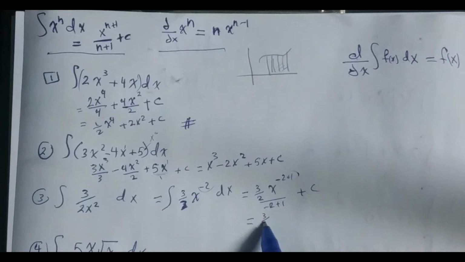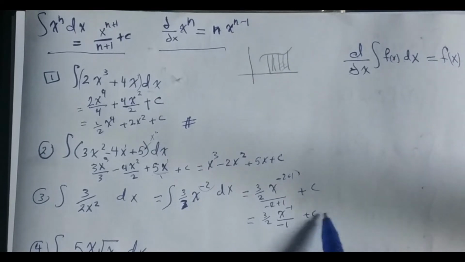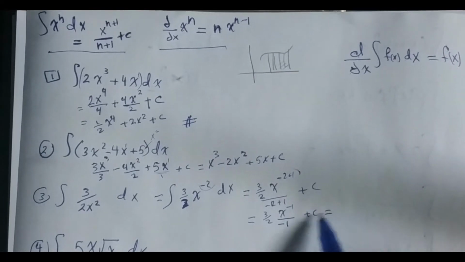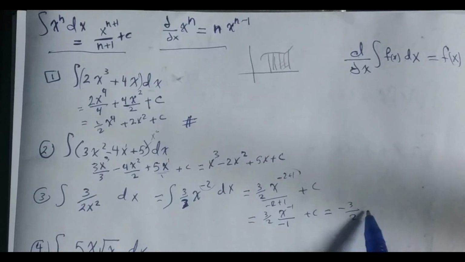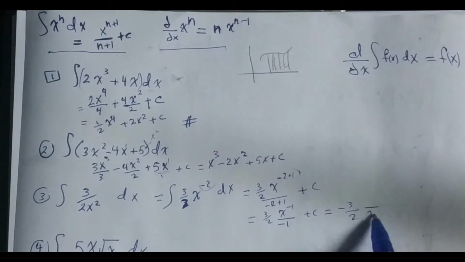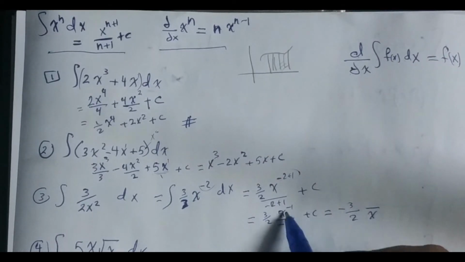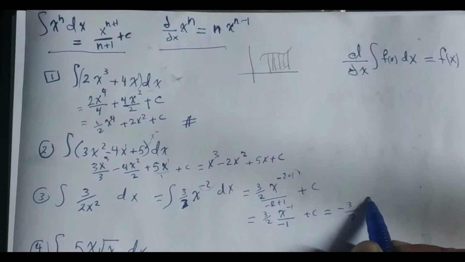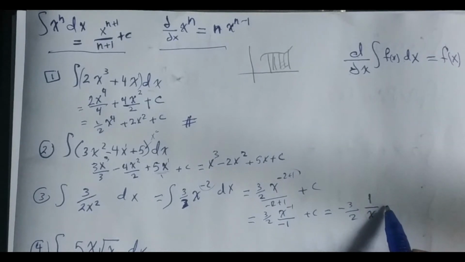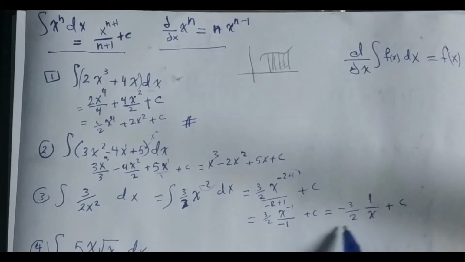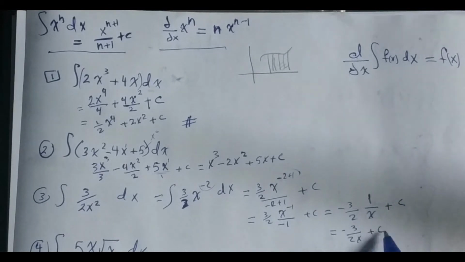It will be 3 over 2 times x to the power negative 1 over negative 1 plus constant. To simplify, it will be negative 3 over 2, and x to the power negative 1 goes to the denominator. We can write it as negative 3 over 2x plus constant.